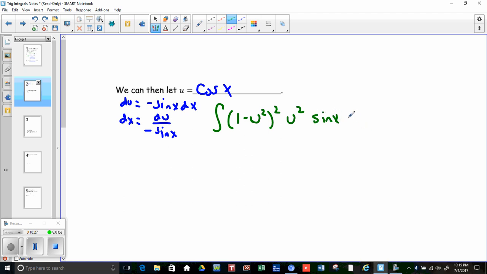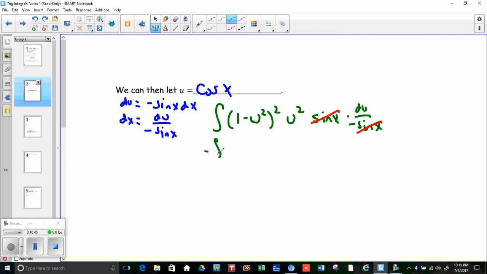And then the dx becomes du over negative sine of x. And then once again, you can see that these sine of x's go away. The negative has to stay, so don't lose that.